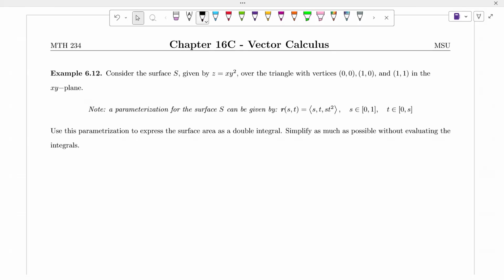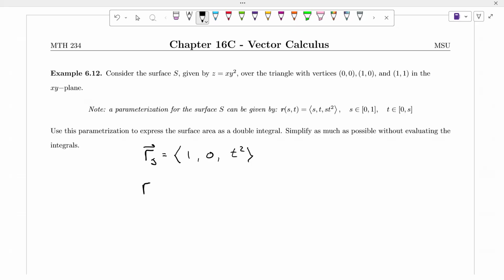So we need a couple of pieces. We need r partial s, which is 1, 0, t squared. Right, if I just take partial derivatives with respect to s down that line.